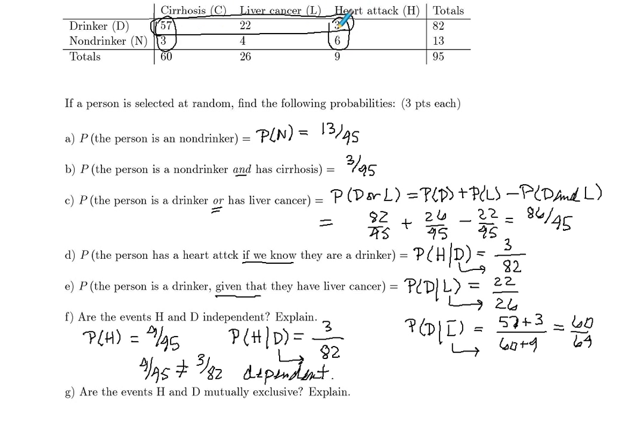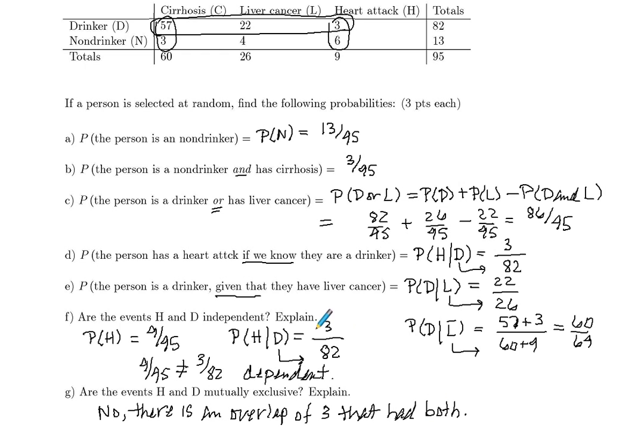There is overlap. There were 3 people that were drinkers and had a heart attack. So are they mutually exclusive? No. There is an overlap of 3. So an overlap of 3 that had both, or satisfied both conditions.